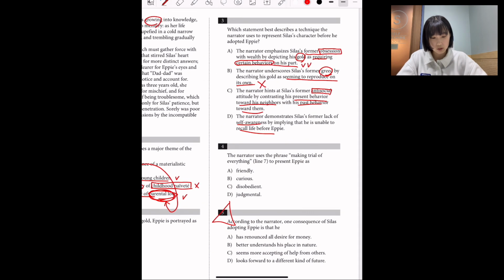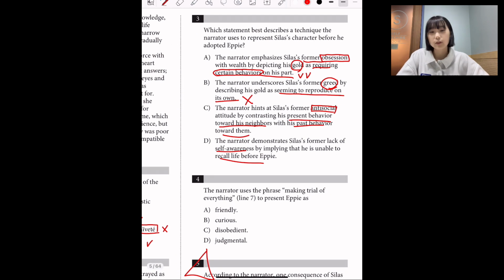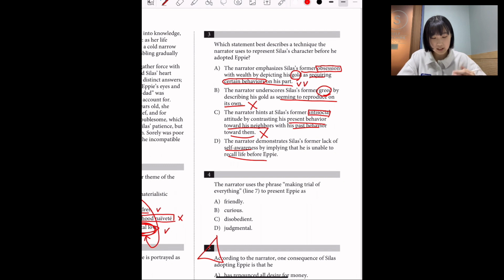So this isn't a good choice because, first of all, it's insignificant, and second of all, I can't even find where it is, which just proves that it's insignificant. And it doesn't really prove that he was antisocial.